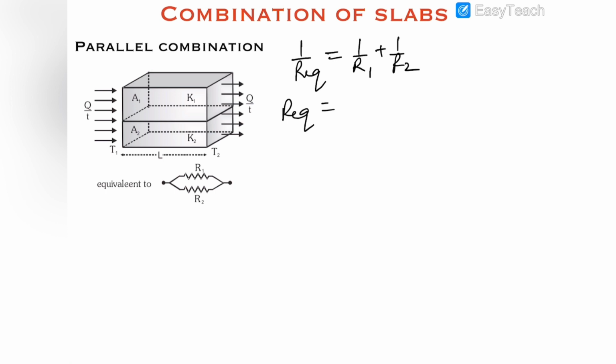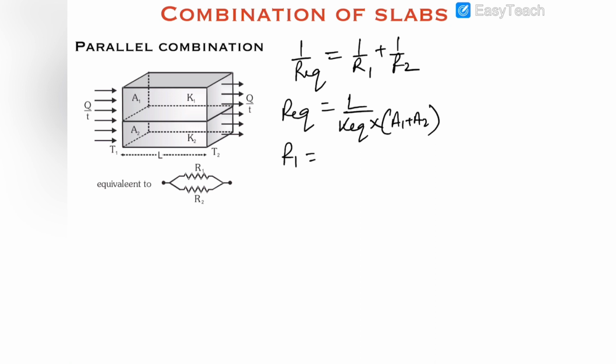So we can say that the equivalent slab is analogous to the combination of these two slabs, and R equivalent will be equal to L, which is the combined length, which is also L. So it is L by K equivalent into total area. Now the total area should be that area from which the heat is crossing. So the total area from which heat is crossing is A1 plus A2. So here it would be A1 plus A2.